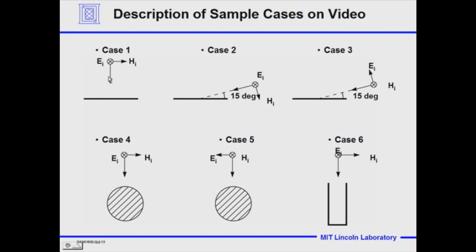If you have an electric wave, it hits the plate, and here the electric field, this X means the electric field is in the down direction, the magnetic field is going in this direction, and the direction of propagation you'll see in the movie is going in that direction. It's going to bounce back. We're also going to see diffraction effects, and I'll talk about them. The next case is when the same kind of electric field comes in at an angle, and from your feelings about light, you're going to have a wave bouncing off.